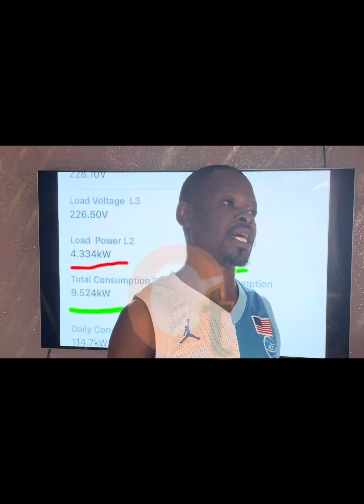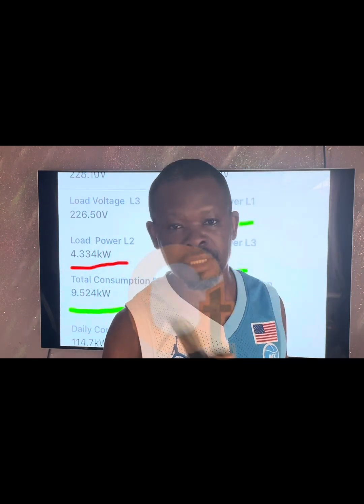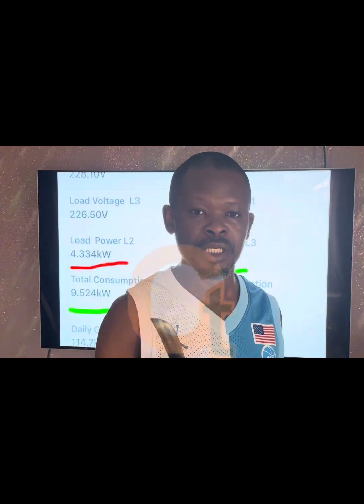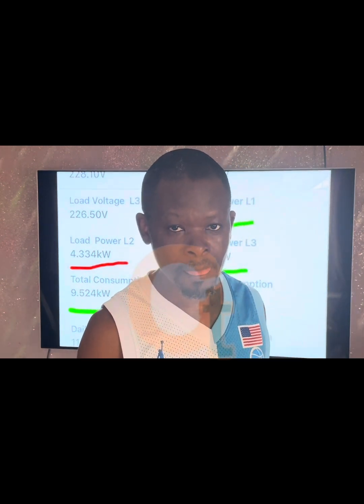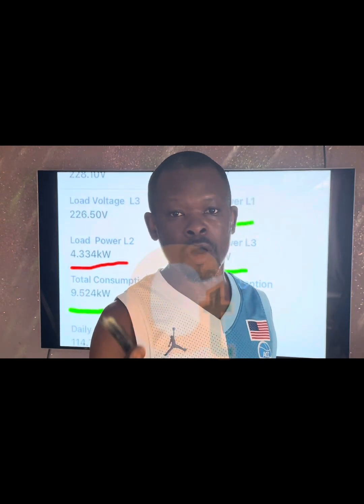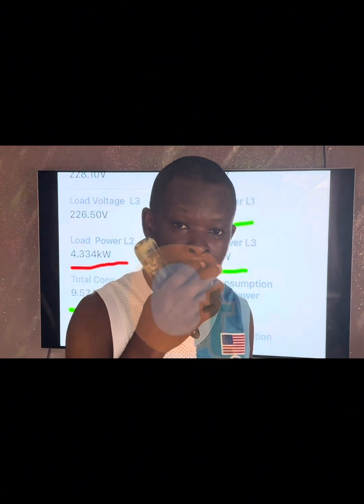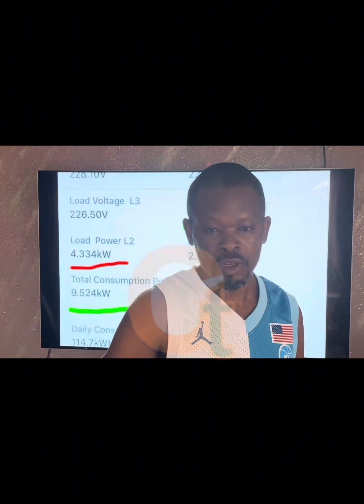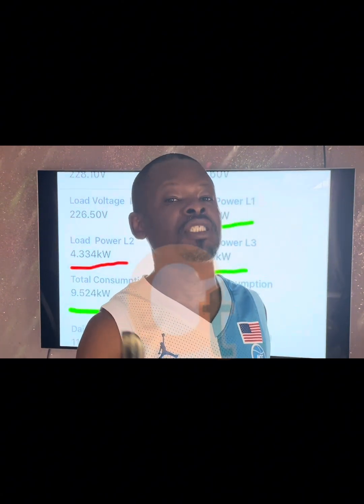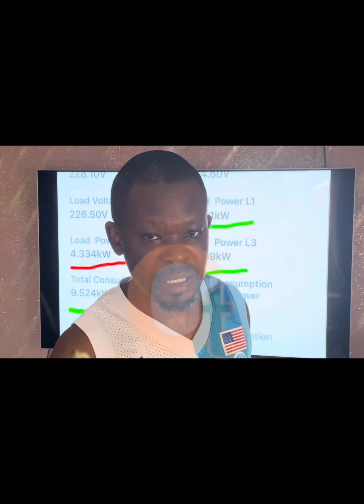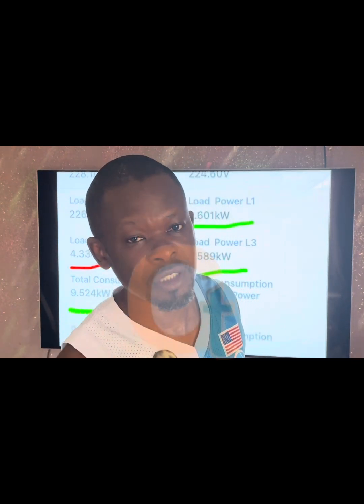It does not mean that each phase can take any load value. It may be that the capacity is, for instance, this one is 12 kilowatts. It could be that your total load is just 6 kilowatts. But one phase is overloaded.